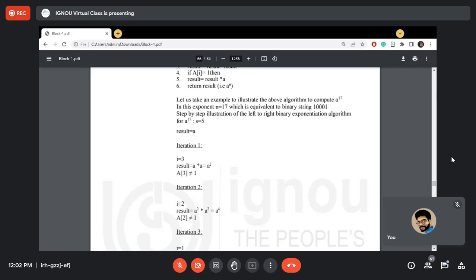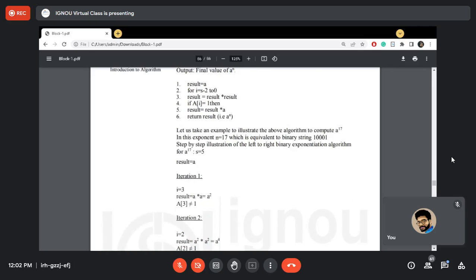I is equal to S minus 2. If we have an array of 5 elements, we always represent the index values from 0 to n minus 1, that means 0 to 4.